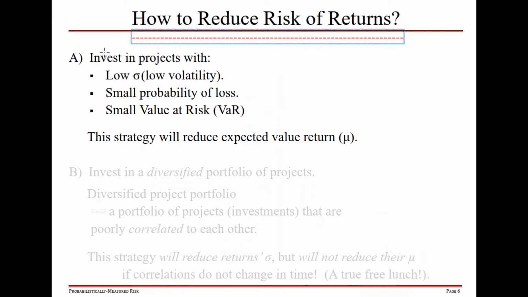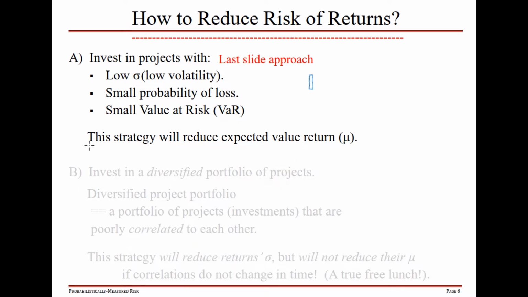of returns. Well, on the last slide, the approach was to say, if we really want to decrease our risk here, we want to decrease the standard deviation of returns. Or again, looking at that left tail of the distribution, we could say we want a small probability of loss, or again, looking at the left tail, a small value at risk.